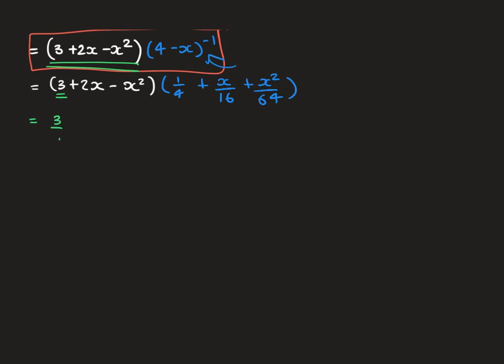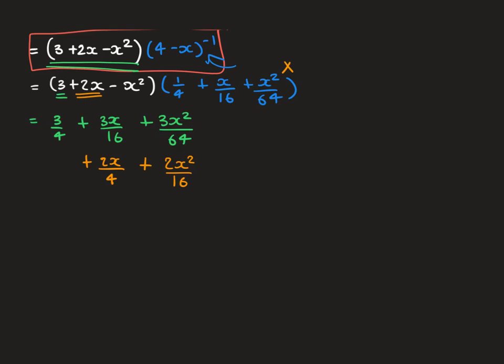So that's 3 quarters plus 3x over 16 plus 3x squared over 64. I'm then going to multiply everything in the blue bracket by 2x. I'll stack the terms for clarity, so that gives me 2x over 4, and then 2x squared over 16. I'm not going to multiply 2x by this term because it will give me an x cubed term, which I don't want.